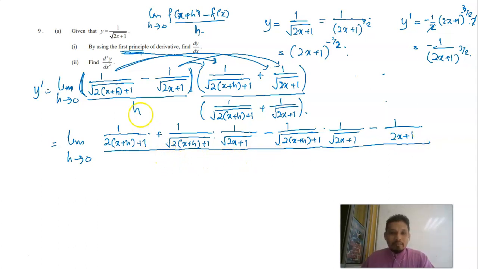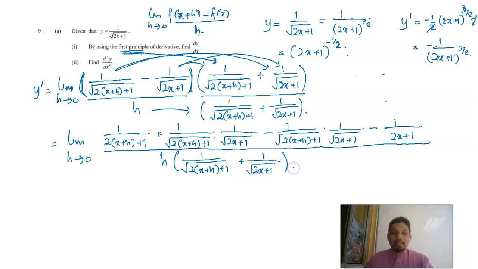Okay, and everything divided by h, and we multiply with 1 over square root of 2x plus h plus 1 plus 1 over square root of 2x plus 1. Okay, so look at these two here now.